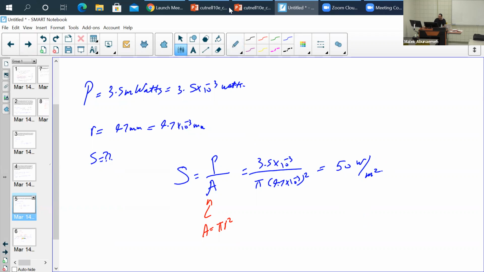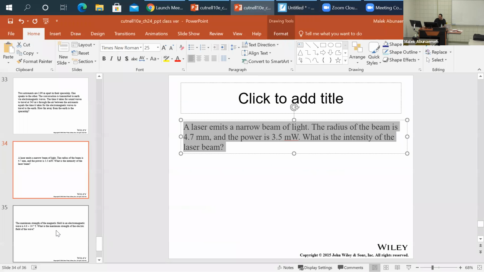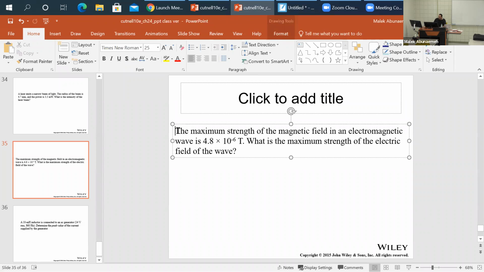All right, let's do one last example. The maximum strength of a magnetic field in an electromagnetic wave is 4.8 times 10 to the negative 6 Teslas. Find the maximum strength of the electric field of the wave.